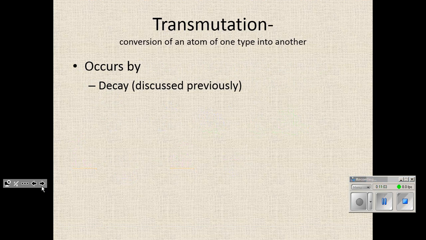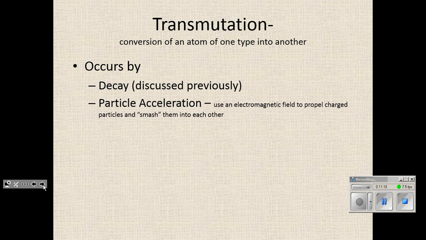Transmutation is a big word for the types of reactions that a nucleus can undergo. This is when one atom gets converted into a different atom, and it can occur either by nuclear decay, which we just discussed with the decay series, or by bombarding the nucleus of an atom with a neutron or something else that we can mash into the nucleus.